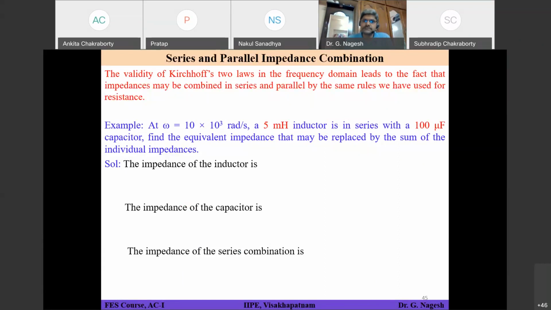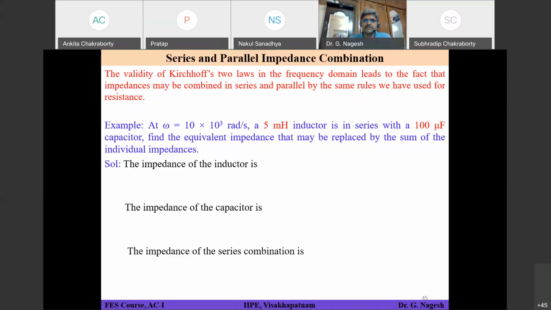That means the rules which are applicable for resistors, how you calculate the equivalent resistance of parallel resistors or series connected resistors, all those rules which were discussed for resistors alone in DC circuits are exactly applicable for impedance in AC circuits.